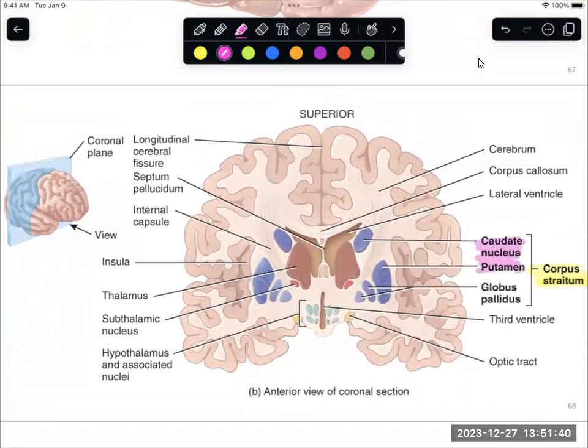This corpus striatum is made up of all of these different nuclei, which are these darkened segments within the brain. We also see this internal capsule, which are all of these fiber projections going up into that cerebral cortex.